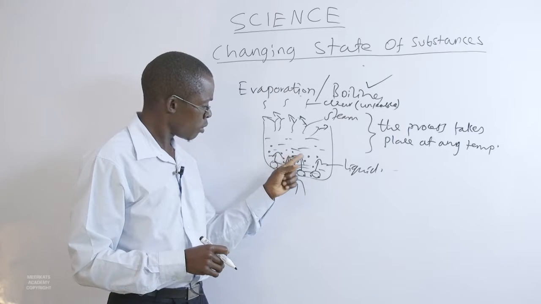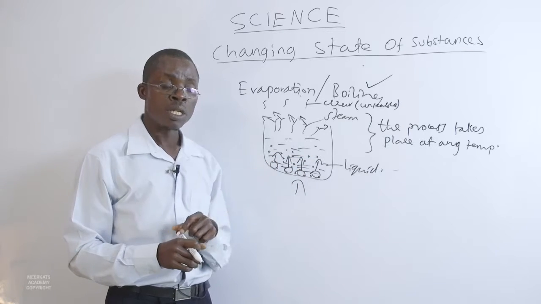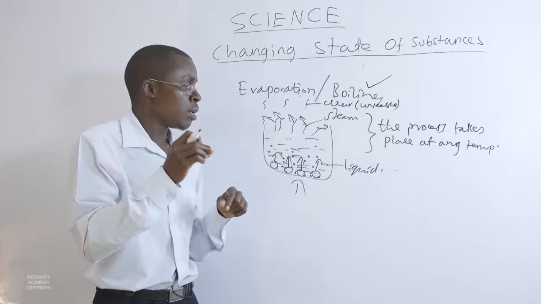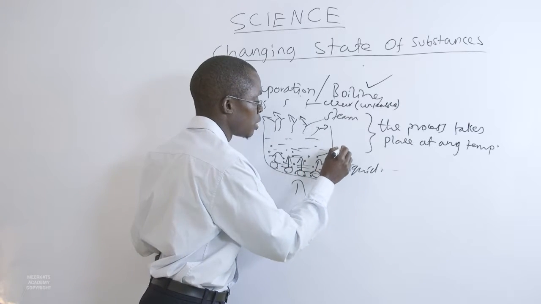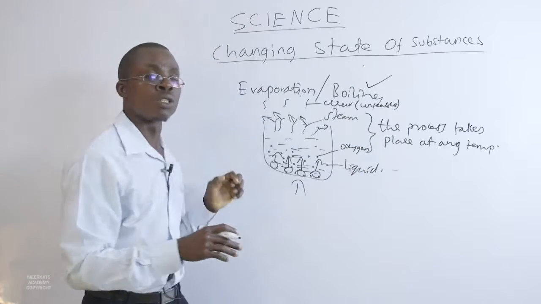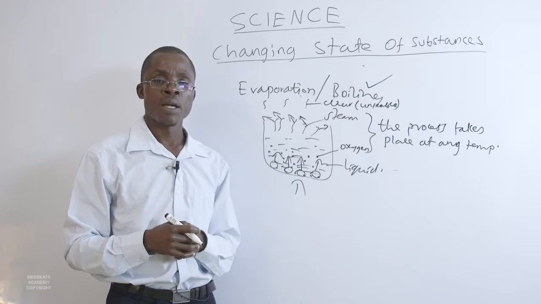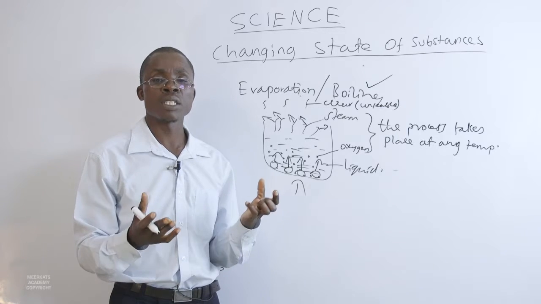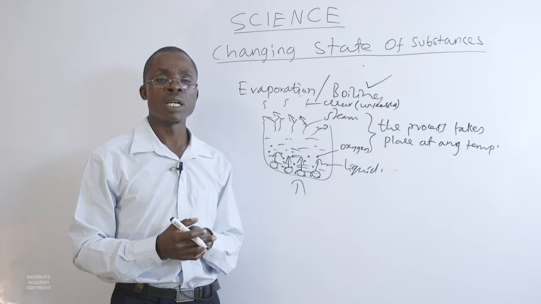Two, we have these small air bubbles. This is just that gas, particularly oxygen gas that was dissolved in the water. That's what they always say, when you boil water, you expel all the gases that were held in the water.